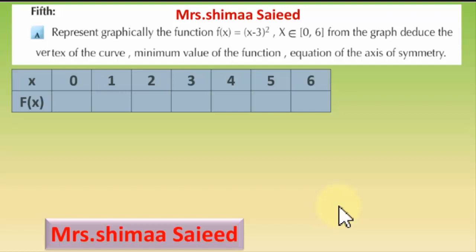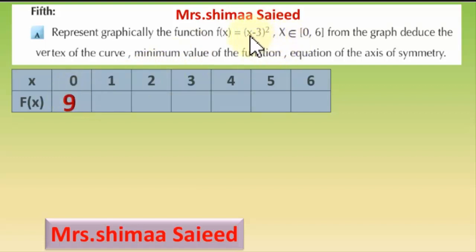Firstly, if we want to represent the function graphically, we will make this table. Let x equal 0, 1, 2, 3, 4, 5, 6 because x belongs to the closed interval [0, 6]. When x equals 0, f of x equals (0 minus 3) squared, which is 3 squared, 9.